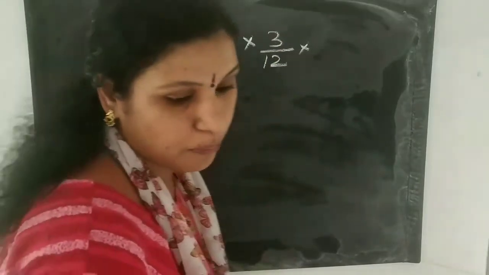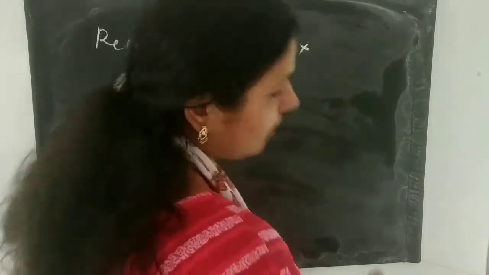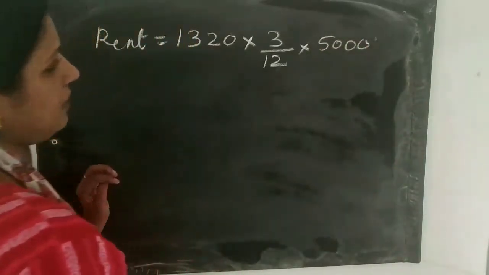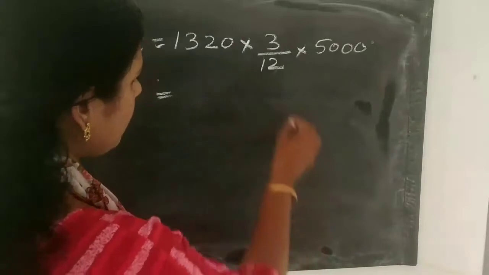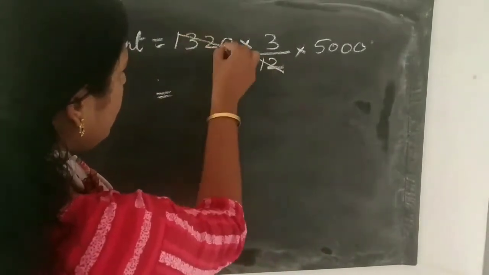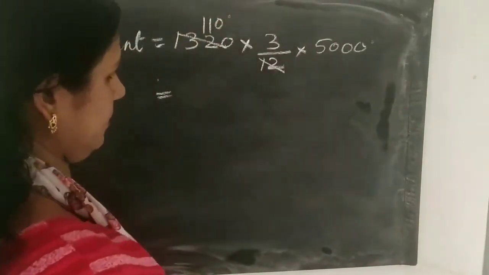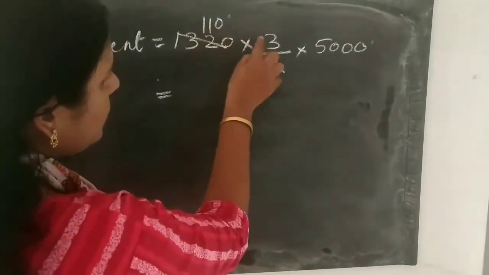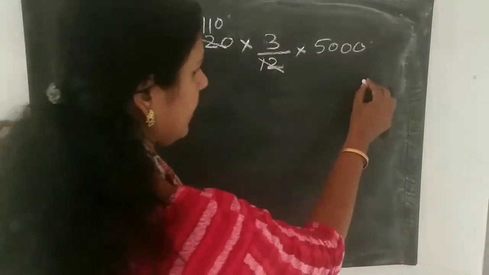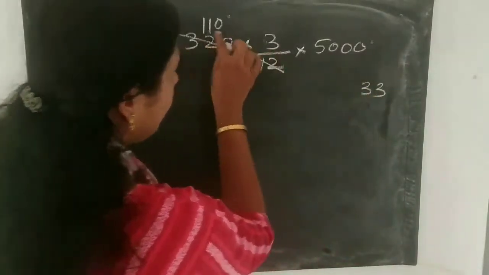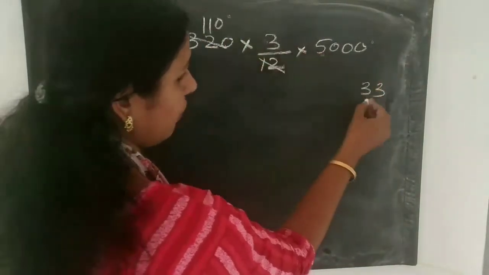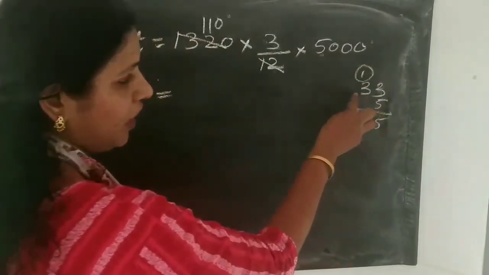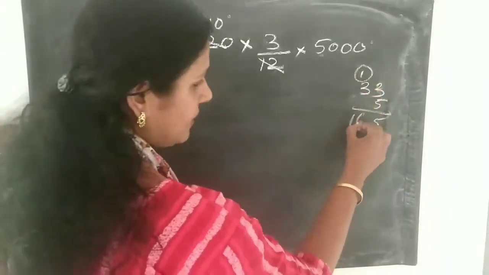Then rupees 5,000. Okay, 12 into this one is 110. Now 11 into 3 is 33. 33 into 5 is 15, plus carry over 1, 16.